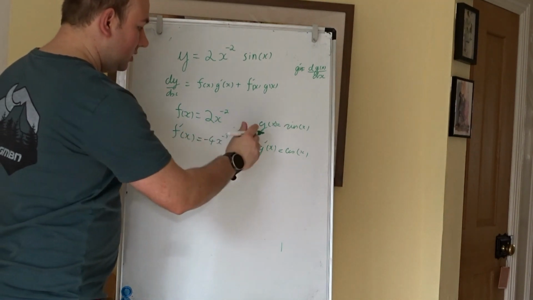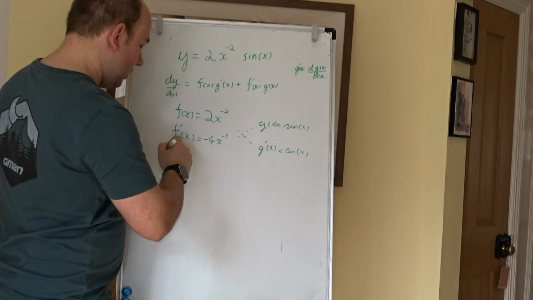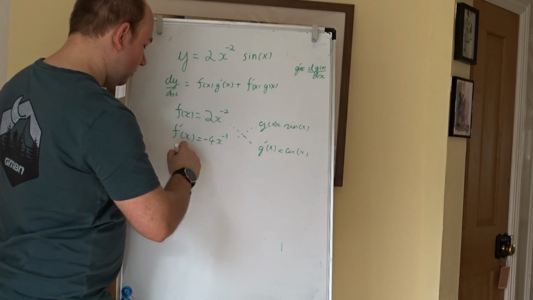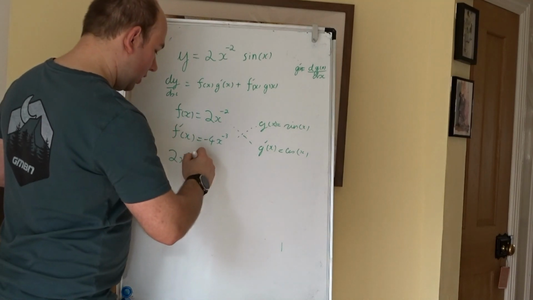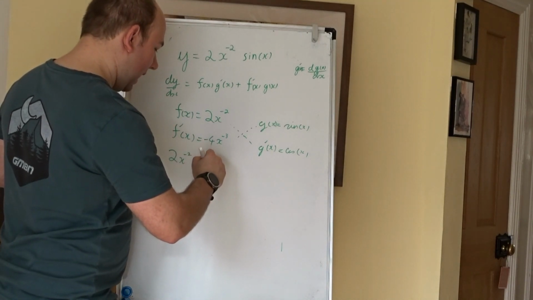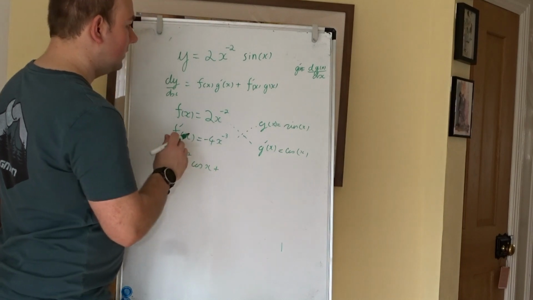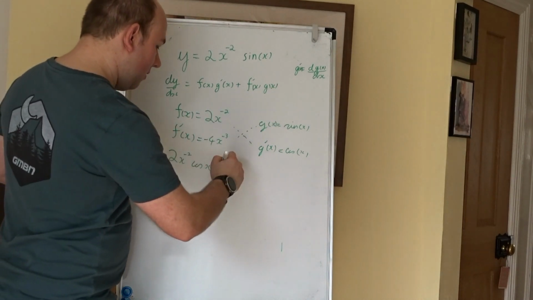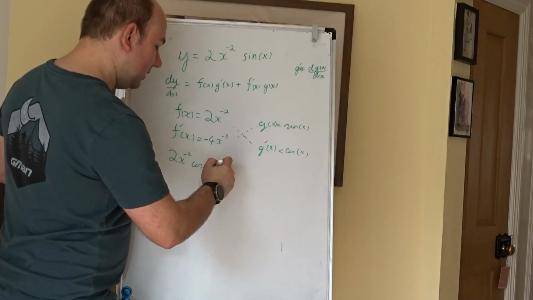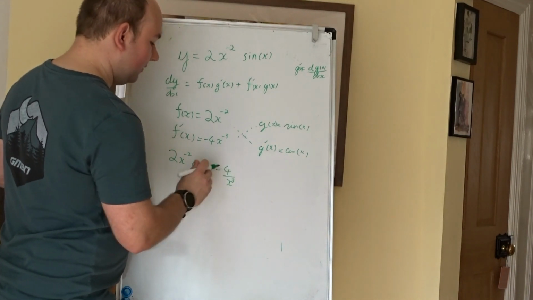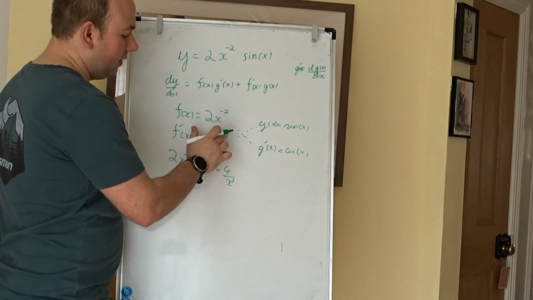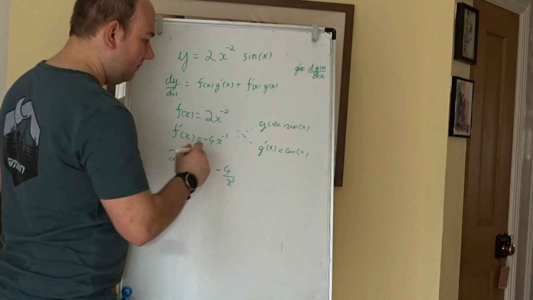So the nice way of doing it in this way is basically I take the diagonals and multiply them. So I end up with 2x to the minus 2 cosine x plus, and I can go along this diagonal. So it's actually going to turn to a minus 4 over x to the 3, because x to the minus 3 is the same as 1 over x cubed.